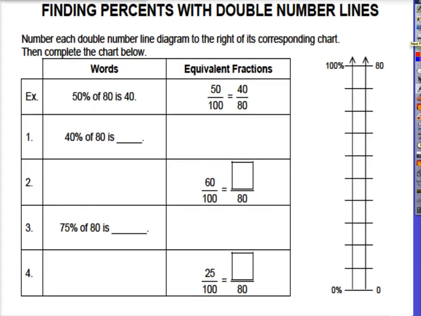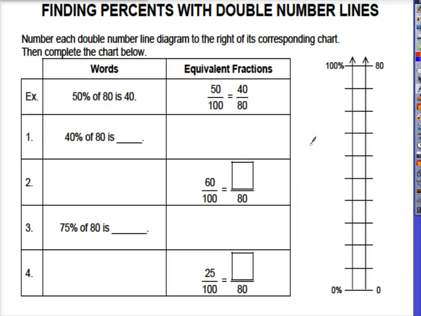Now, finding percents with double number lines. I want you to create this chart in your math notebook, including this double number line. And then we're going to take a look and see how we're going to fill the rest of this in. Okay? So pause the video here. Take about 3 minutes to create this chart and create your double number line.